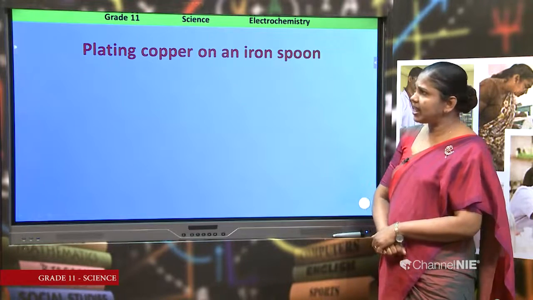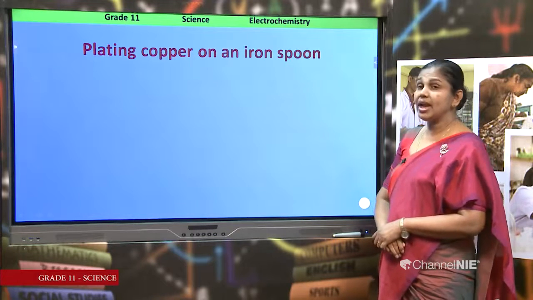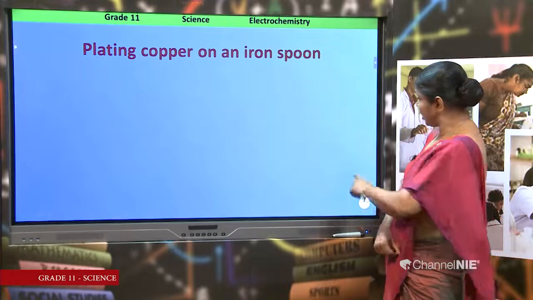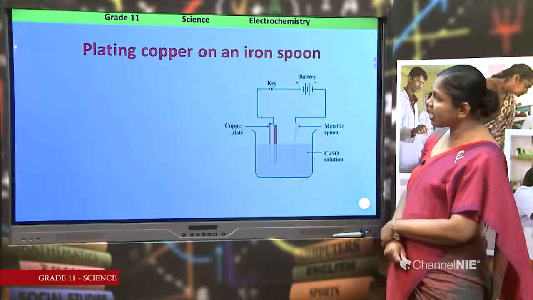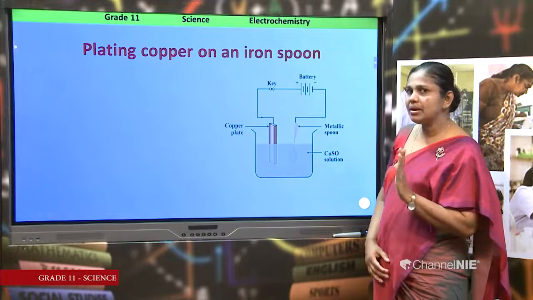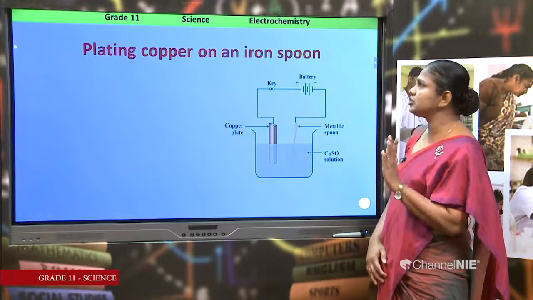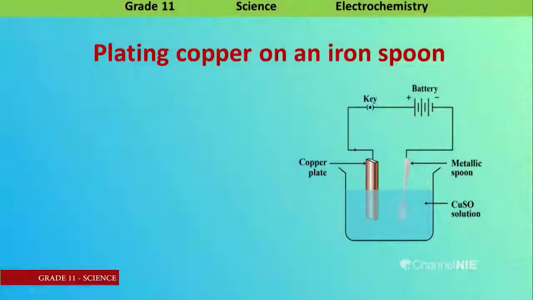Okay, right. Then we'll see how to plate copper metal on an iron spoon. Please observe this setup, children, right? Now we want to plate copper metal on an iron spoon. So, this iron spoon must be placed as the cathode of our electrolytic cell.